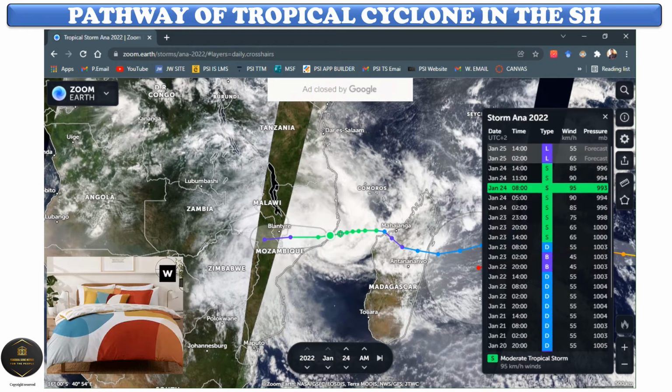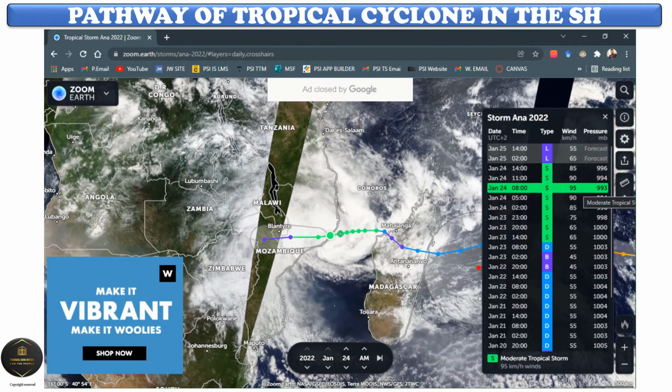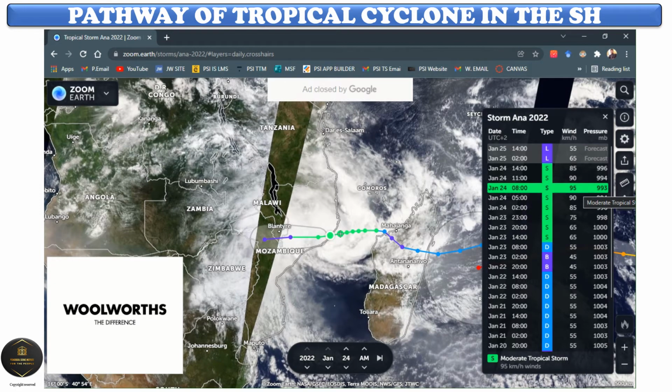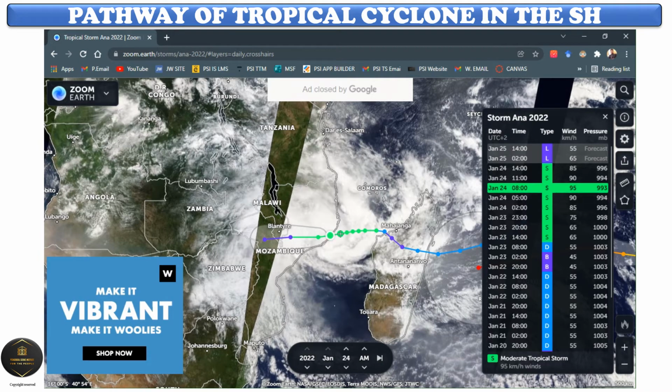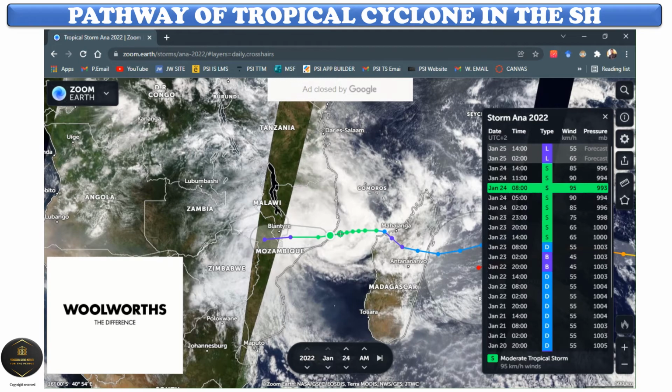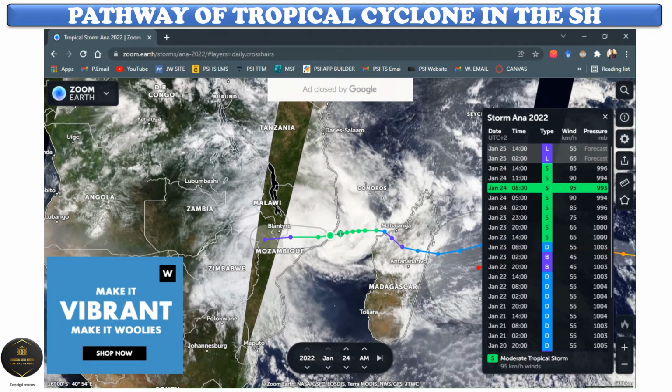And you see that at that particular point we have the highest or the strongest winds, which are at an intensity of 95 kilometers per hour. So the winds are very strong, and it is showing us that it's in the mature stage.